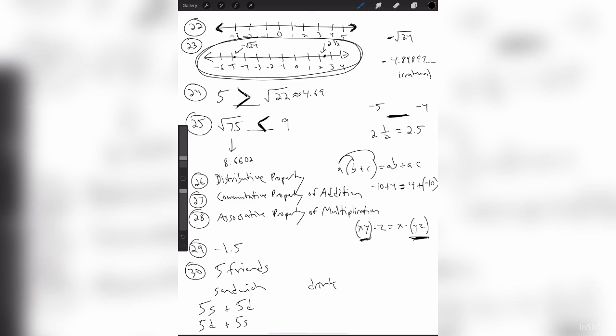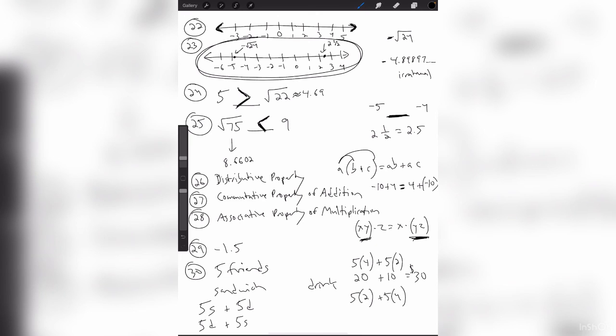If the cost of a sandwich, I'll rewrite it over here. Let's say the cost of a sandwich is $4 and the cost of a drink is $2. I could say, all right, that's 20 plus 10, so your bill is going to be $30. Or I could write that as 5 times 2 plus 5 times 4. That does not change the value of it.